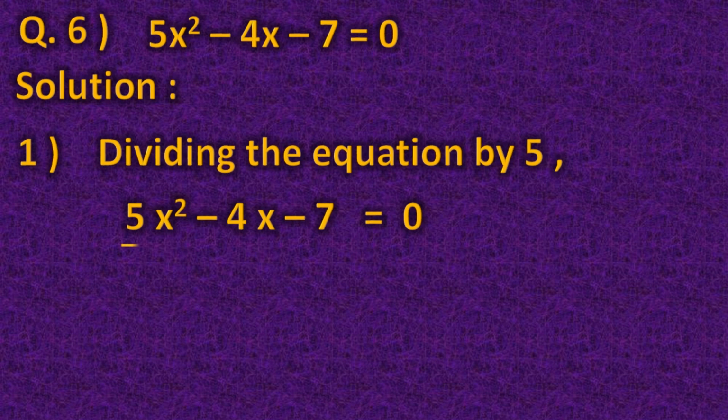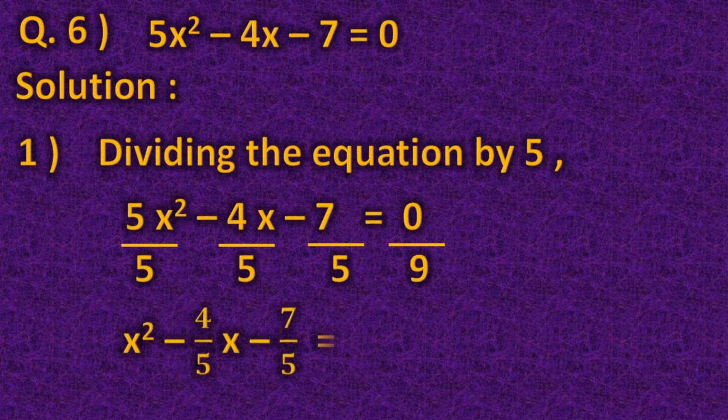So the first term divide by 5, second term divide by 5, third term divide by 5, and don't forget to divide the fourth term also. Fourth term divided by 5. Here 9 is a printing mistake, it will be 5.